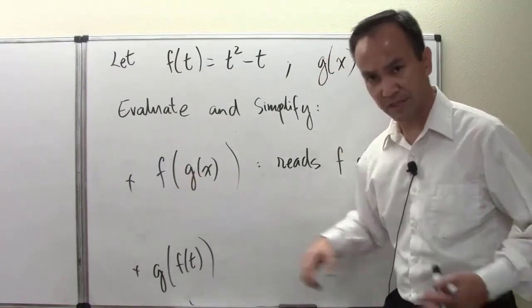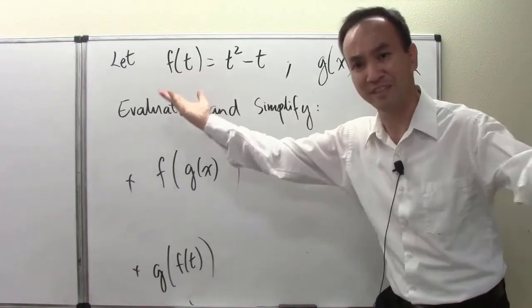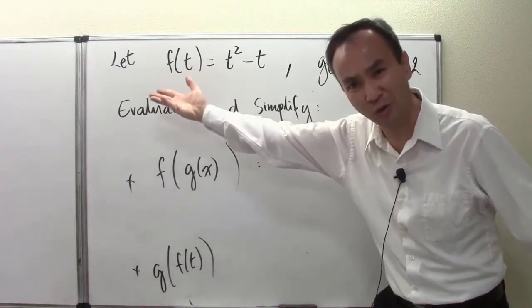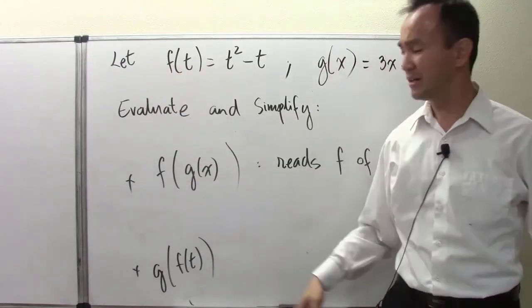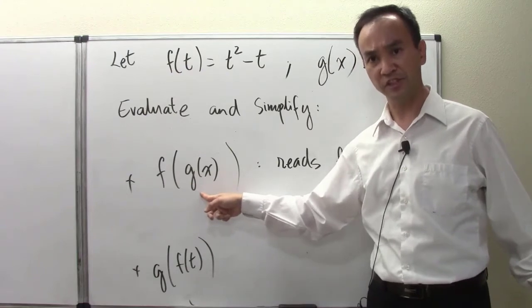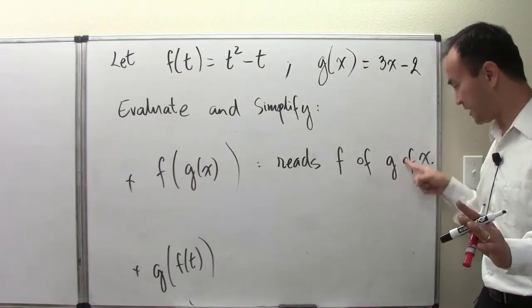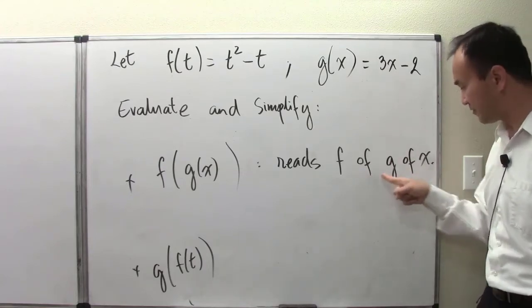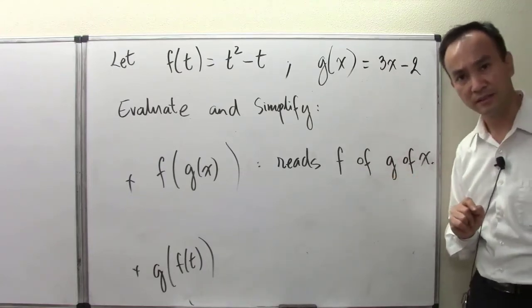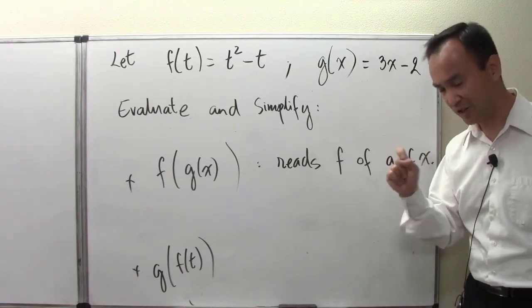See, if it was f of t, because the input here is just one simple variable's name, one simple letter. But now no longer a letter, it's what? f of g, f of g, that's how we read it. But then further, g is a function of x, so f of g of x. Spend a moment to think of that logic I was trying to explain right there.